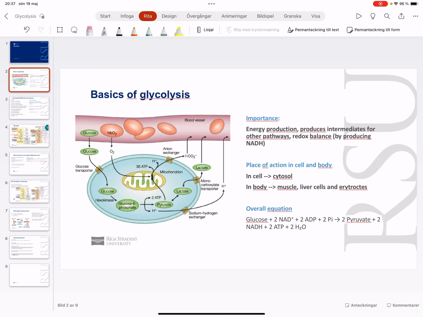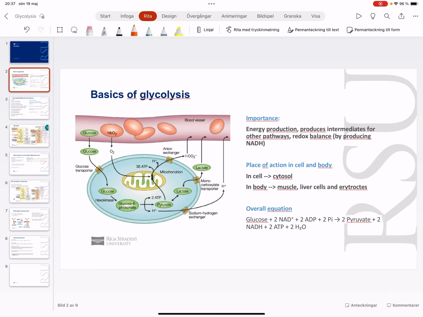Let's start with some basics. Glycolysis is the breakdown of sugar, which is glucose. Glucose will be available in the blood, and it will diffuse from the blood vessel into the cytosol of a cell.